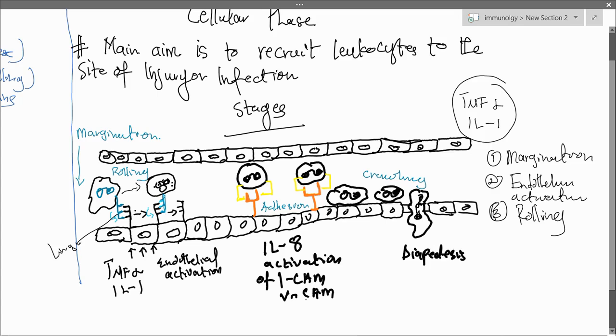And this is what happens. This interleukin 8 also causes the white blood cells to generate proteins or glycoproteins we call selectins. So we also have selectins here. So what they do is that they ensure strong adhesion.